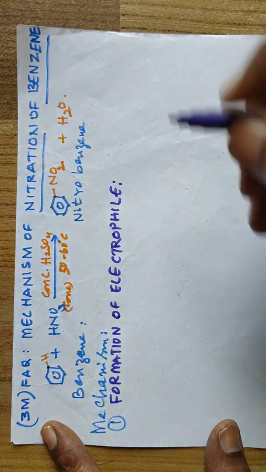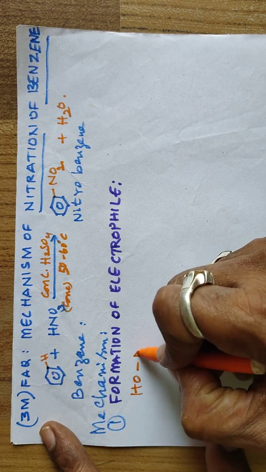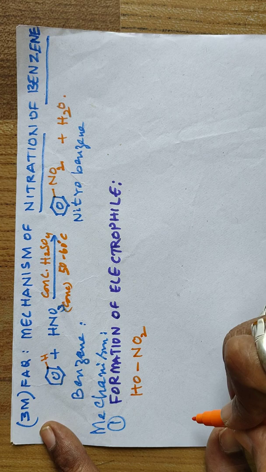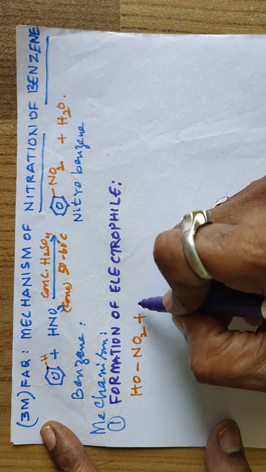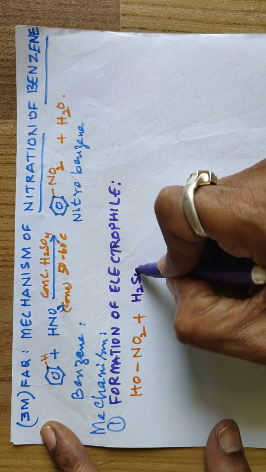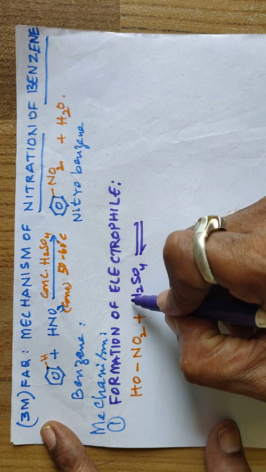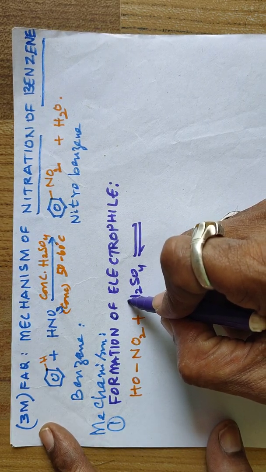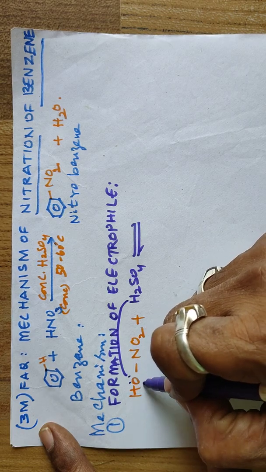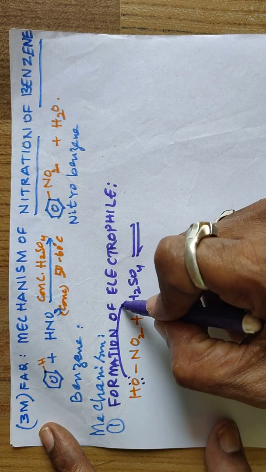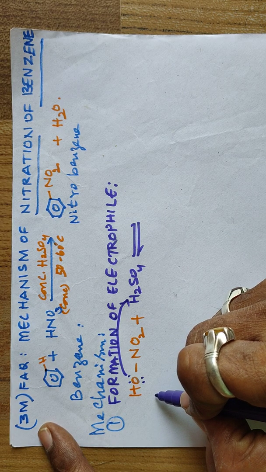This is a crucial and fast step, as nitric acid HONO2 plus sulfuric acid H2SO4. H2SO4 here is donating a proton, so it is a proton donor, and these electrons of oxygen invite this hydrogen, so it is a proton acceptor.